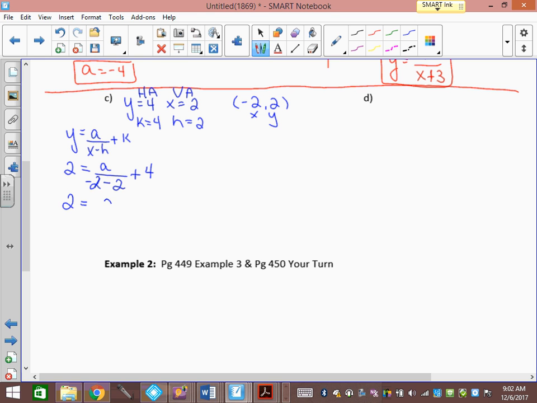2 equals a over -4 plus 4. So we subtract the 4. So we get -2 equals a over -4. And so a equals 8.